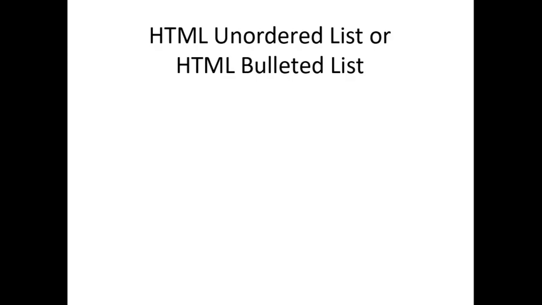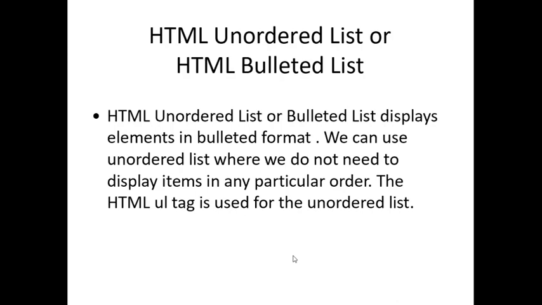Unordered lists are also called bulleted lists. An HTML unordered list displays elements in bulleted form. We can use an unordered list where we do not need to display items in any particular order.